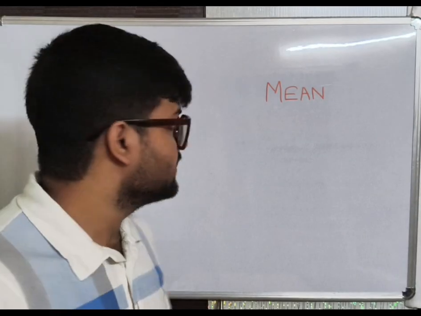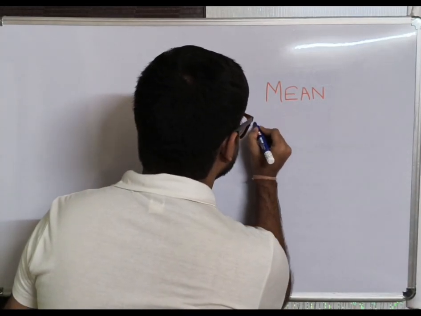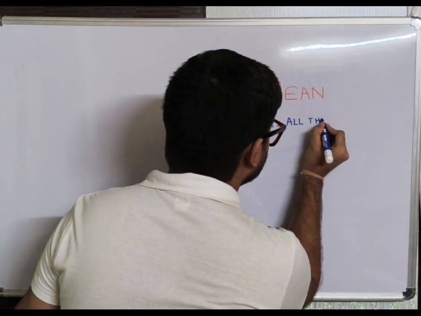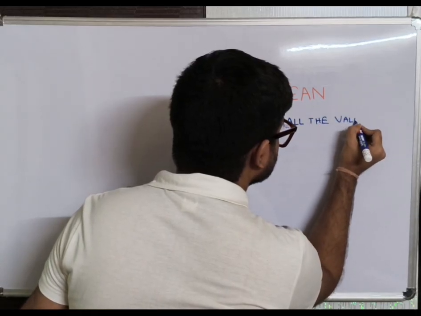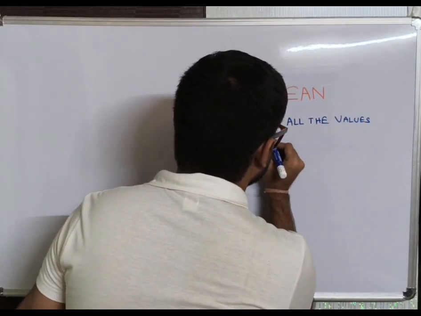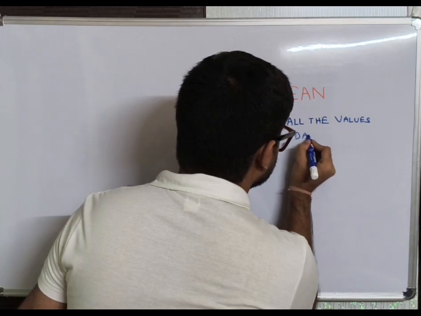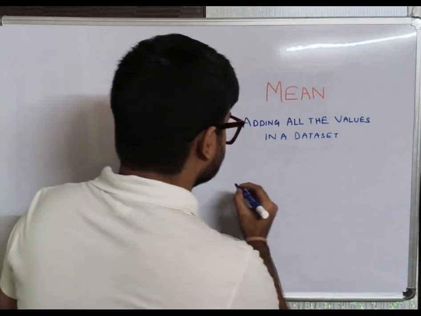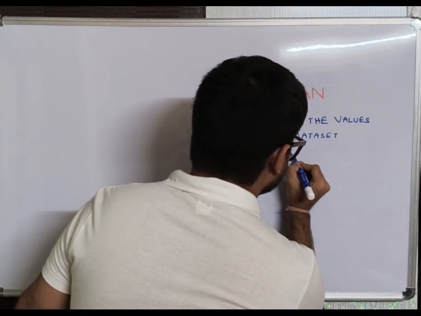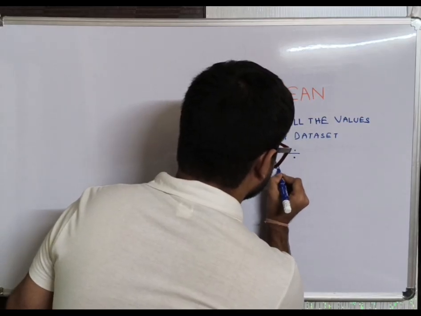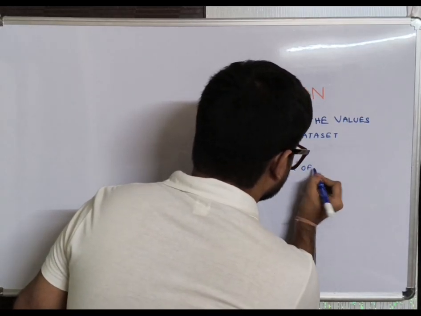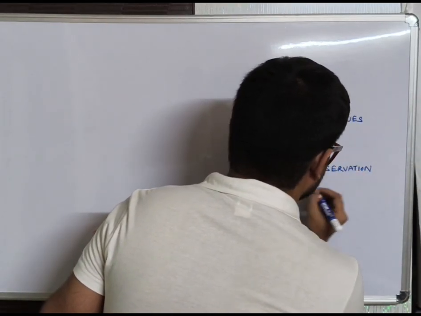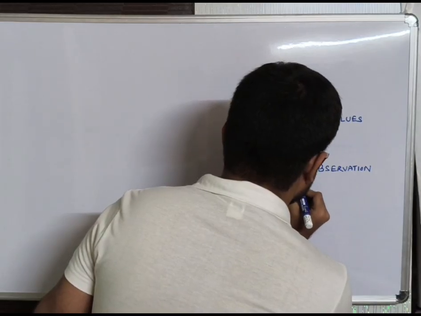We can calculate it by adding all the values in a data set and dividing that by the number of observations in that data set.